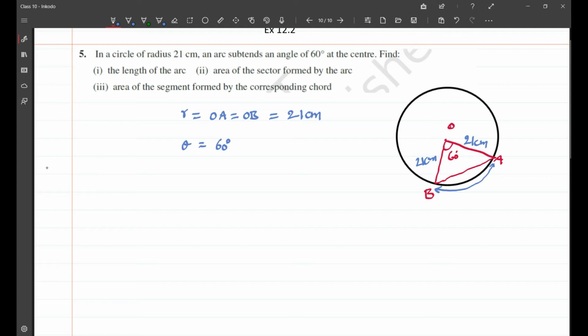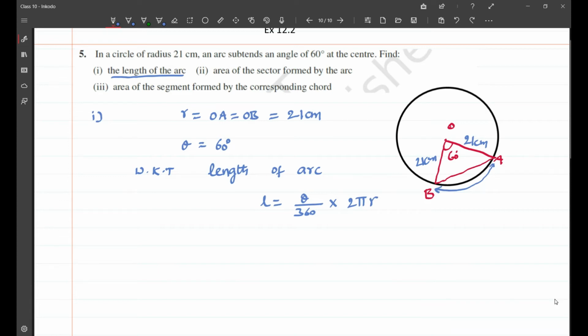Now let's see first part. In first part they are asking you to find out the length of the arc. We have already seen the formulas before starting exercise number 12.2. So we know that length of arc L equals to theta by 360 degree multiply by 2 pi r.